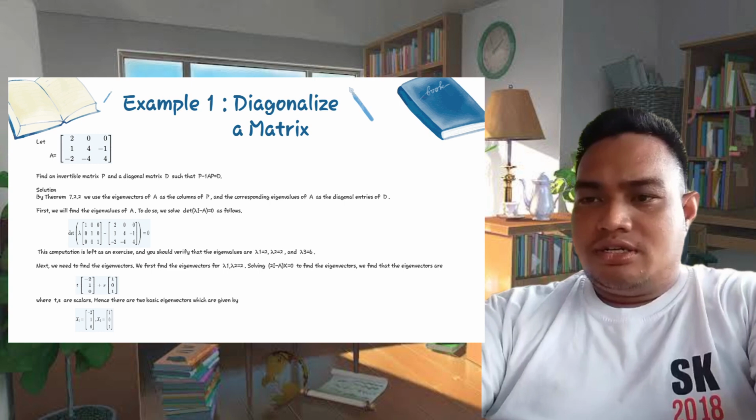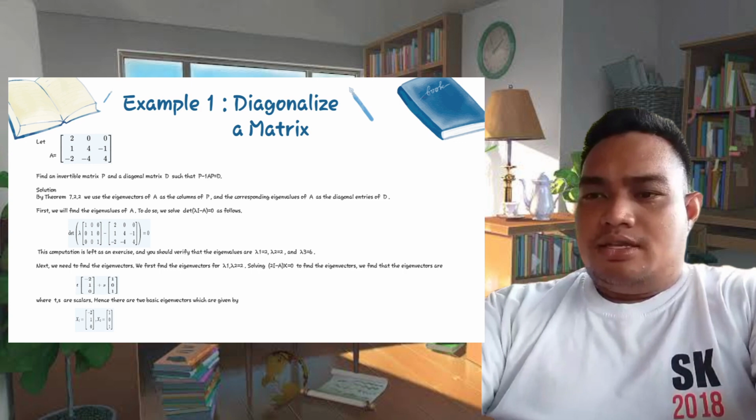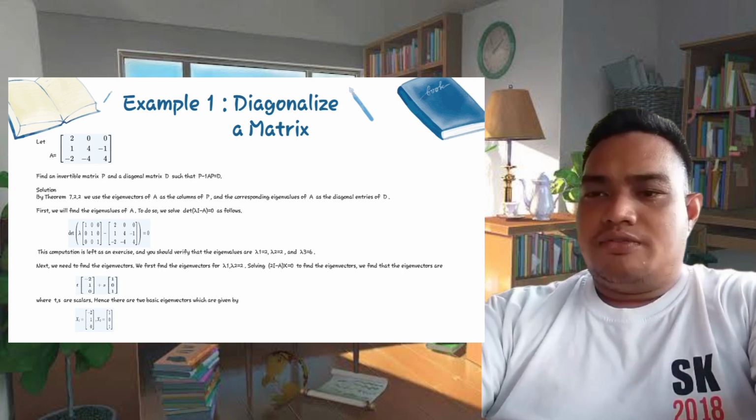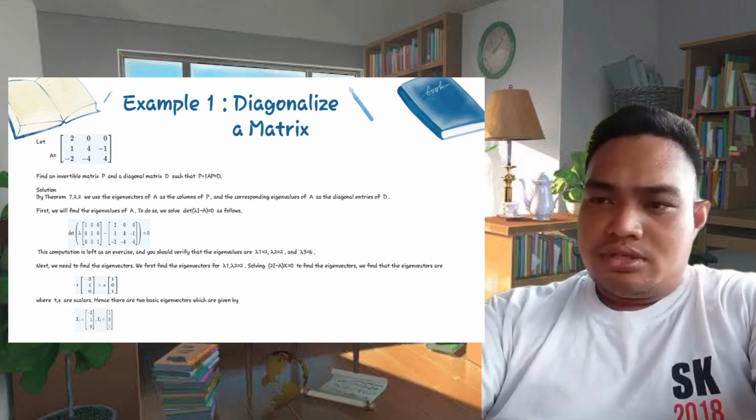Hence, there are two basic eigenvectors which are given by x1 equals negative 2, 1, 0 and x2 equals 1, 0, 1.